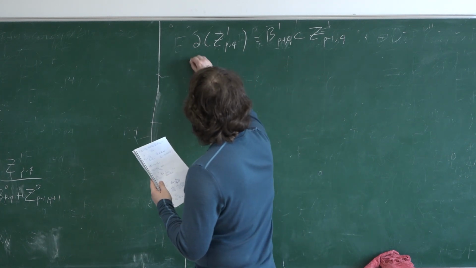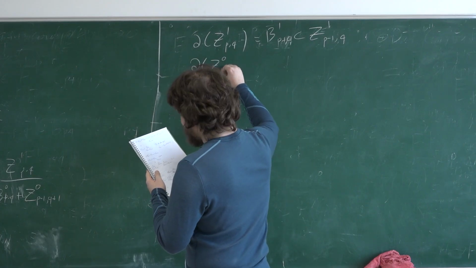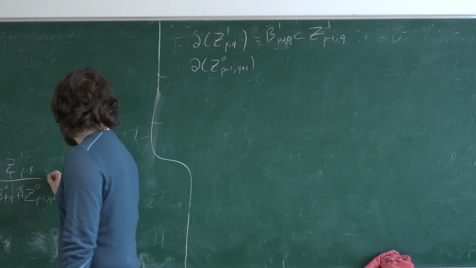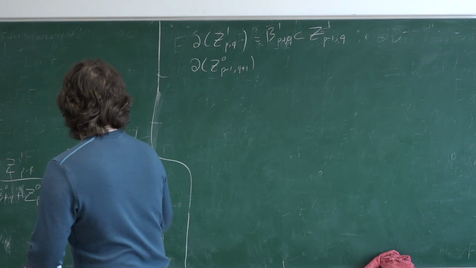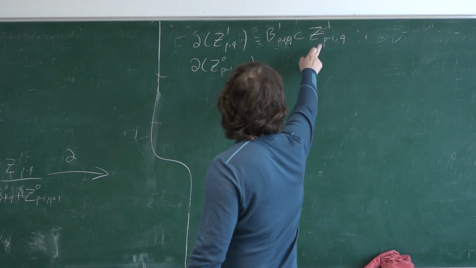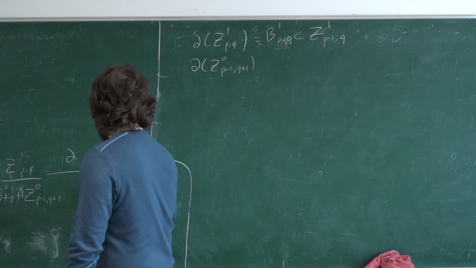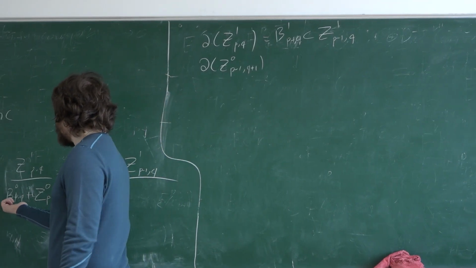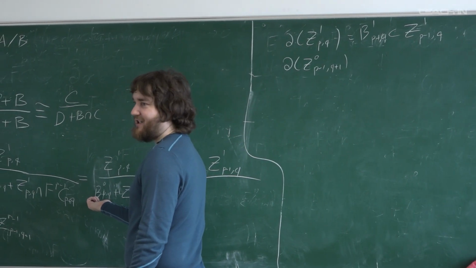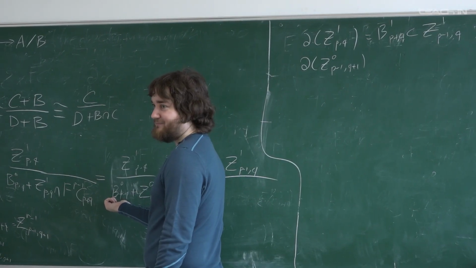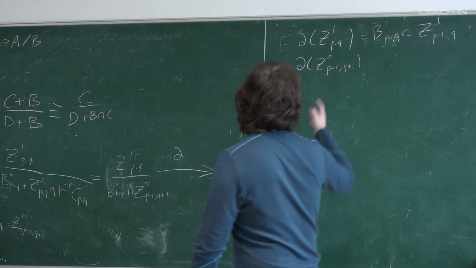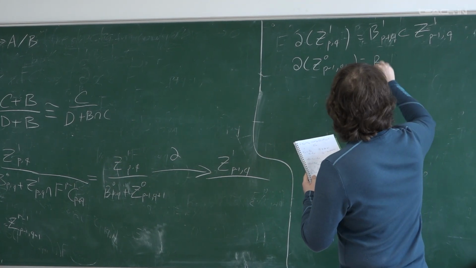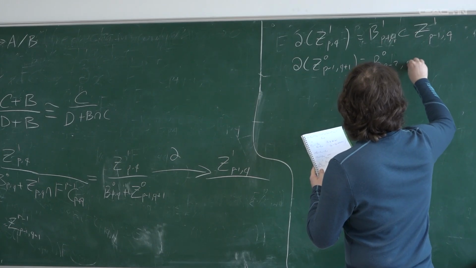Also d of Z0 P minus 1 Q plus 1. I want to apply d to this. The first part goes to this one, at least. The quotient part goes to 0 because it's already boundaries. And this goes to B0 P minus 1 Q plus 1.